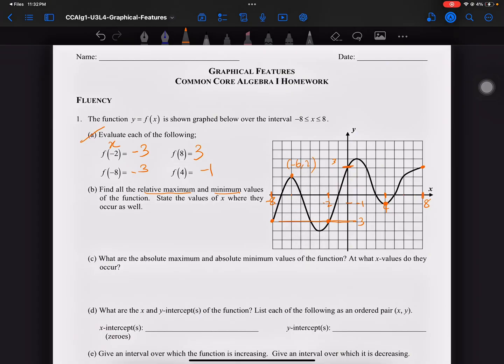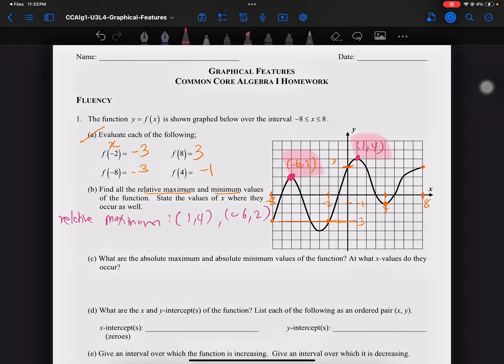This is our relative maximum, or we can say the highest peak. And then here, (1, 4). So the relative maximums are (1, 4) and (-6, 2).